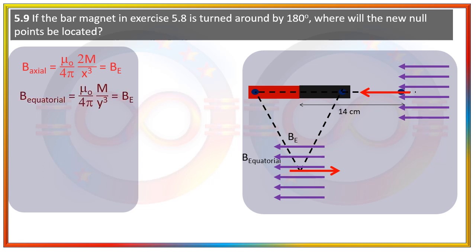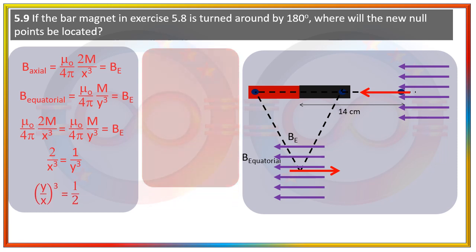If we equate these two, after simplifying, the equation we get is 2 upon x cube is equal to 1 upon y cube. The next equation is y upon x whole cube is equal to 1 by 2, or y upon x is equal to the cube root of 1 by 2, or 1 by 2 whole power 1 by 3, which is nothing but 0.794.